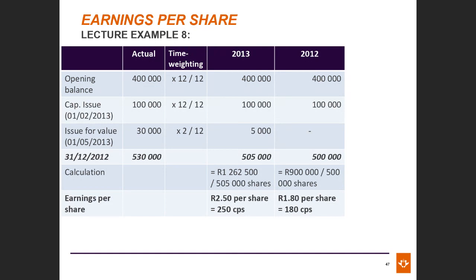Because it is an issue for value and it increases our earnings potential and likely our profit, we do not need to adjust the comparative year because it is an issue for value. Okay, it will be comparative because we increased our number of shares in the 2013 year. Our profit is likely going to increase because it is an issue for value. So we do not adjust the comparative year.